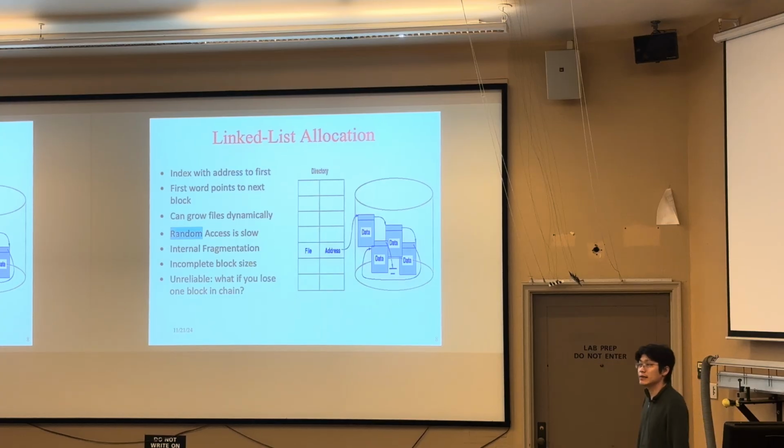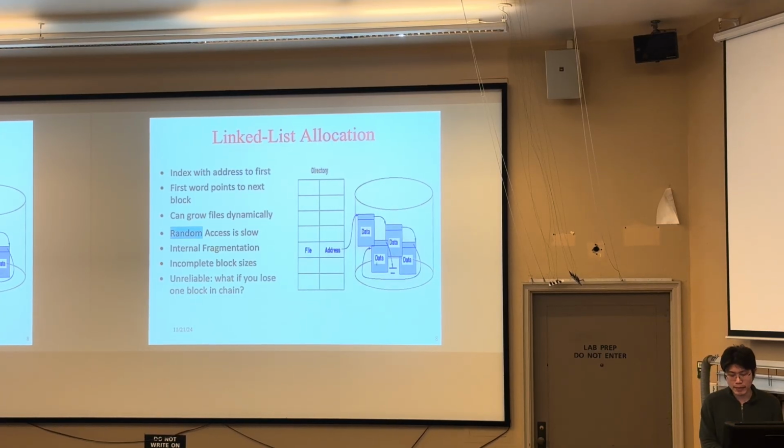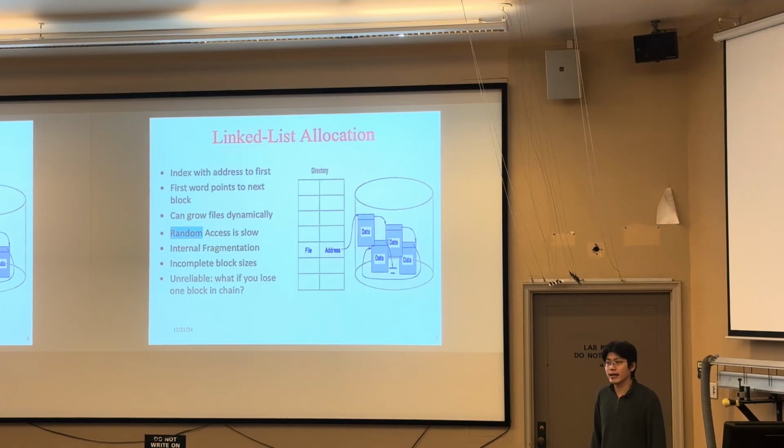Now you can imagine that if I want to access some data in the third block here, then I need to traverse this linked list to find that piece of data. Okay. In the previous sequential allocation or continuous allocation approach, you can directly calculate the block that you need to access, and you can directly access that block.